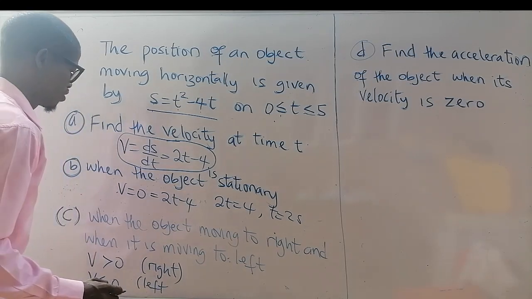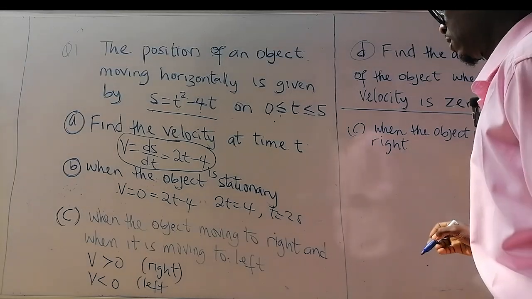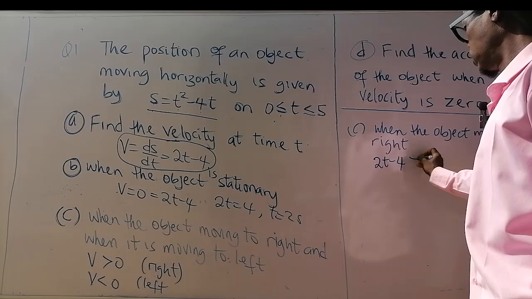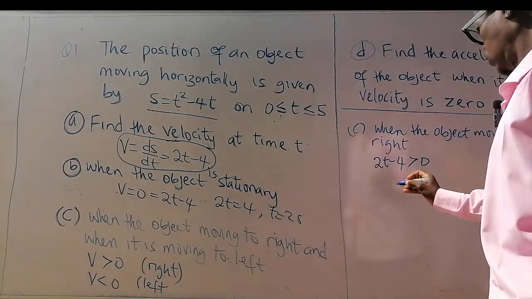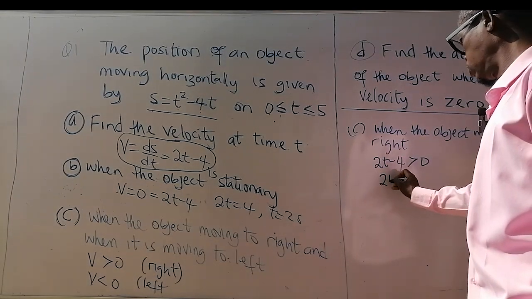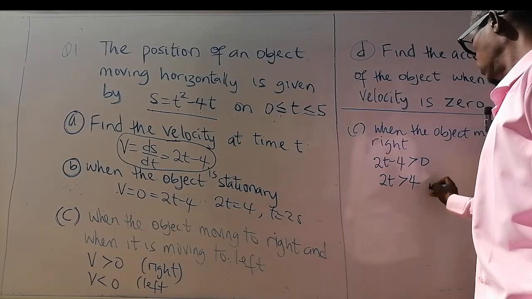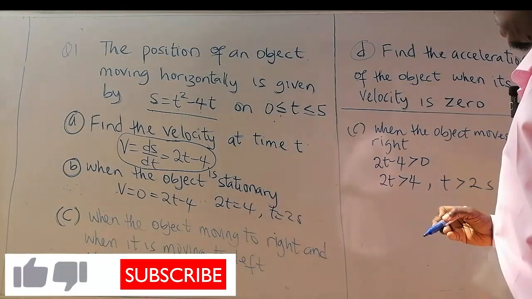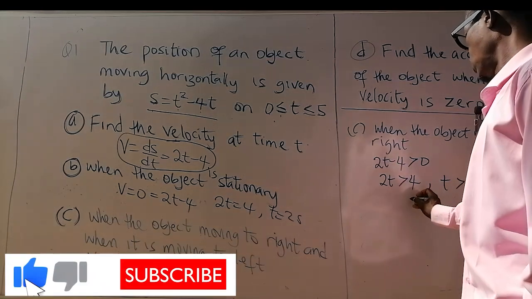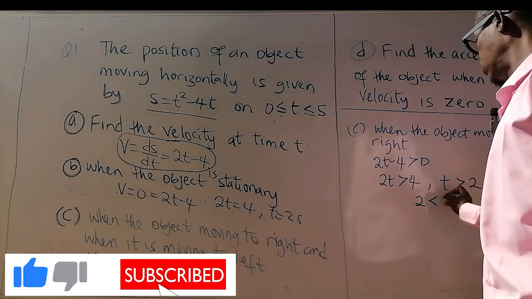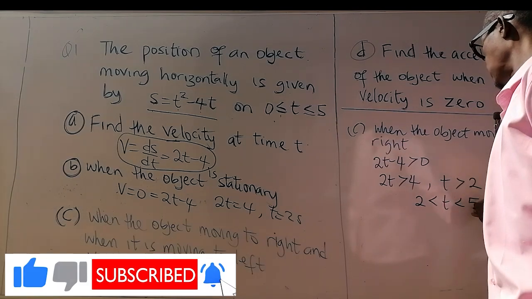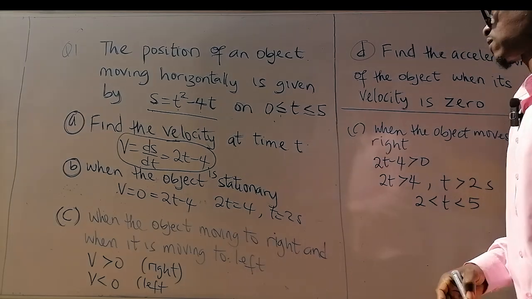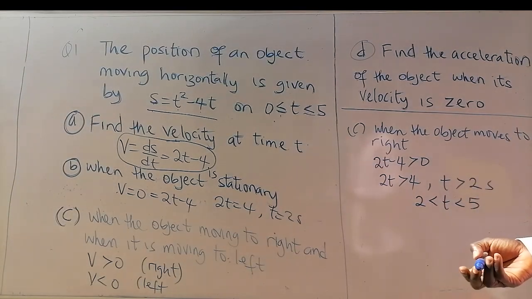So let's solve those two inequalities. For the velocity equation, 2t - 4 > 0, so 2t > 4, so t is greater than 2 seconds. In that case, your interval will be 2 < t < 5. That means t is greater than 2 and less than 5 when it's moving to the right.